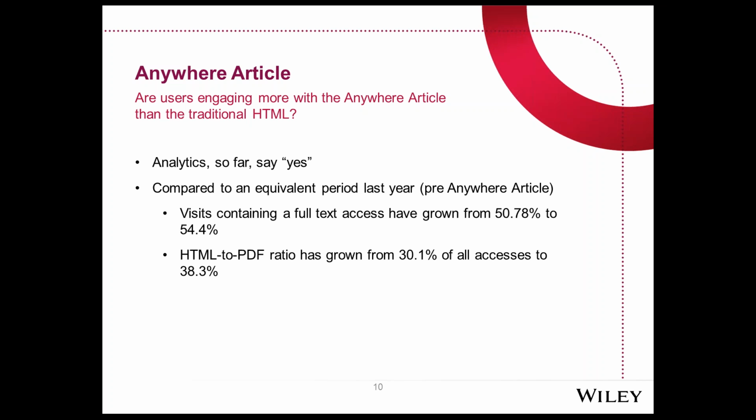So that's obviously a very key metric because, as I was saying before, traditionally most accesses are going to the PDF. So to see a very clear increase in the HTML proportion shows that we're actually doing what we wanted to do, which is getting people to engage.